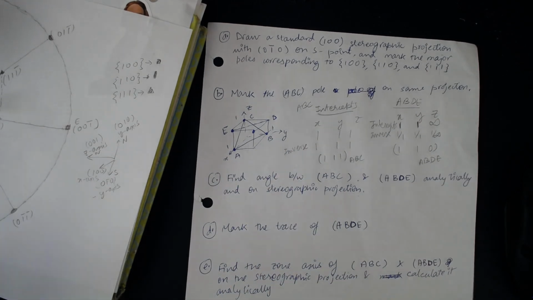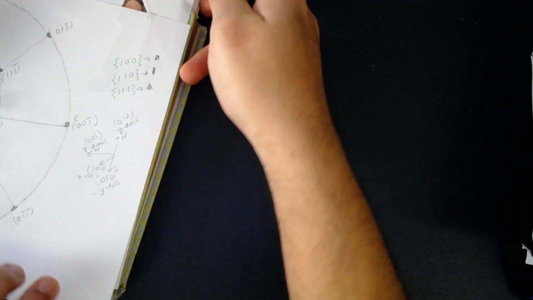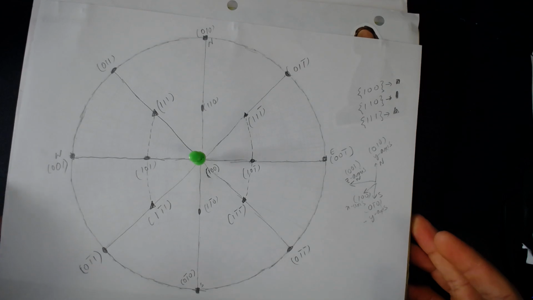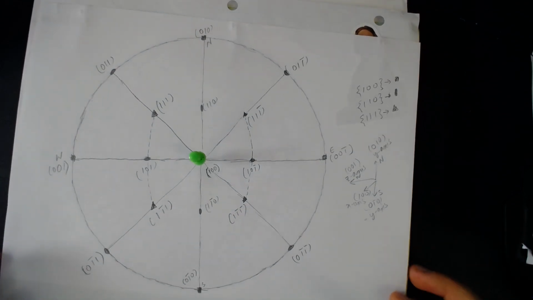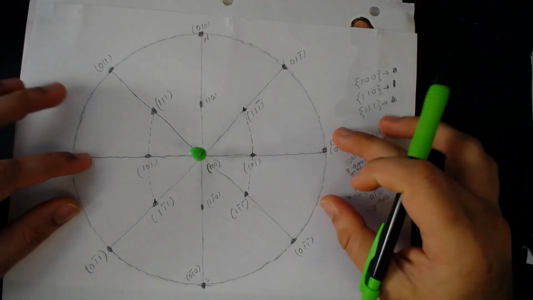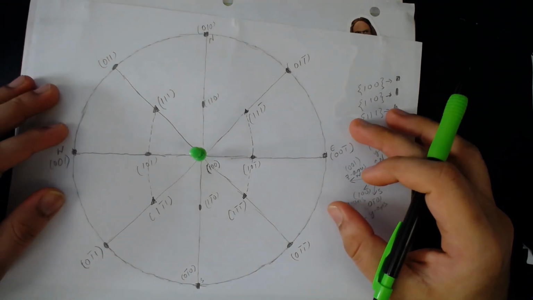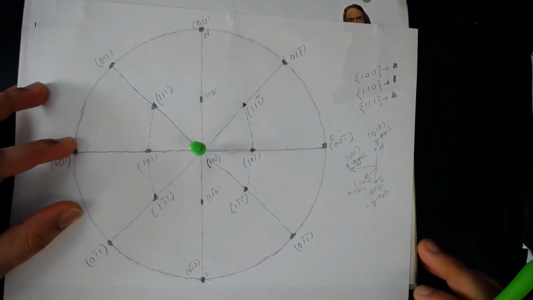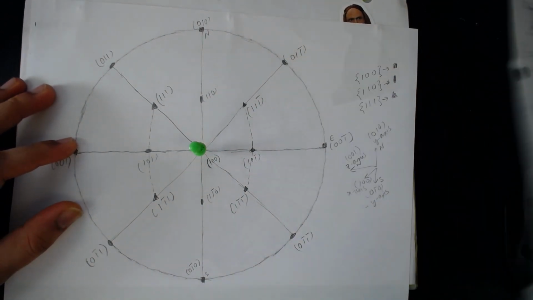Alright, so let's mark them on our projection. So I'm going to bring the projection back. And alright, so we have this projection. Make sure it's well aligned, the north-south axis and the east-west axis. Alright, and once they're aligned, let's mark ABC.